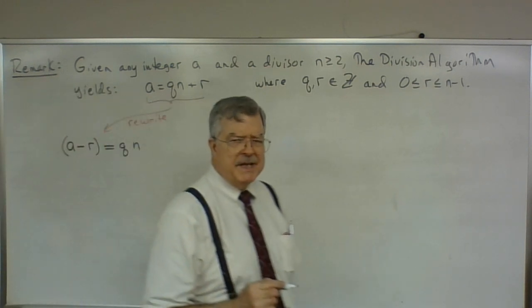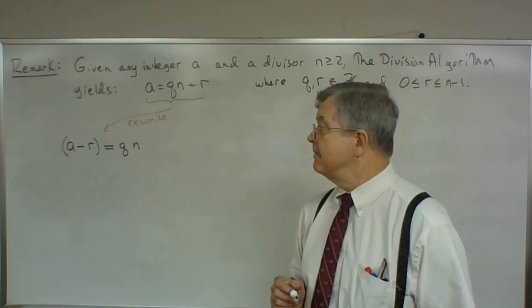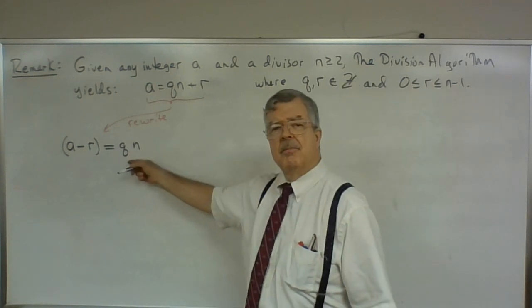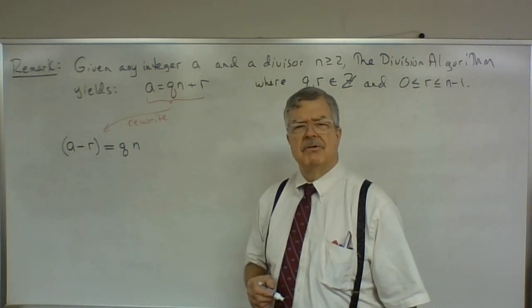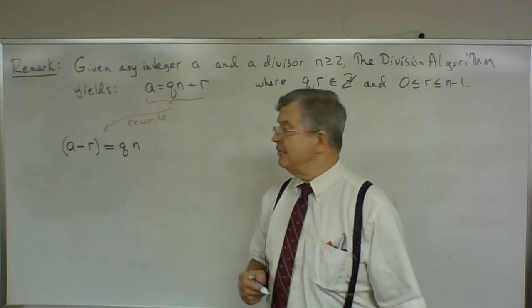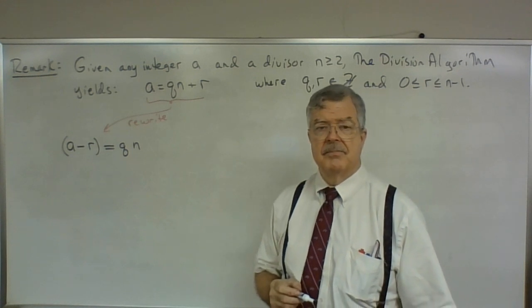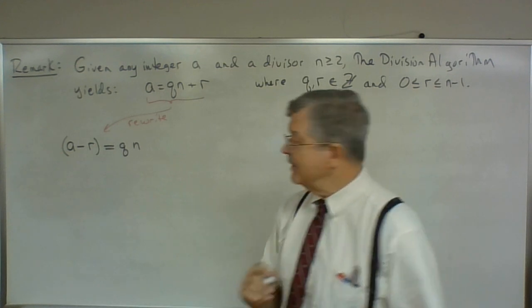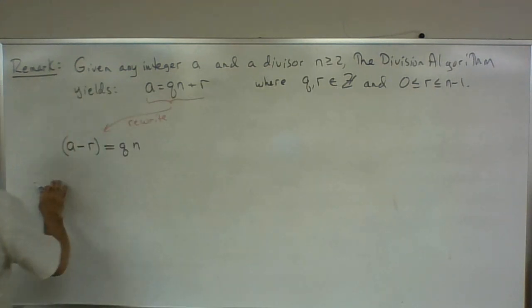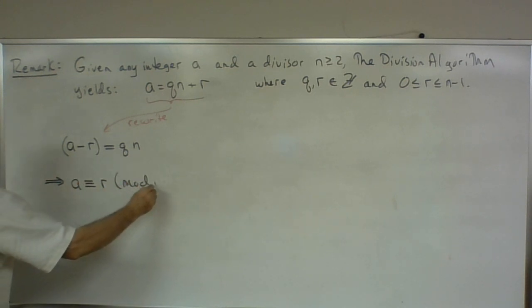The difference between a and its remainder when divided by n is a whole number multiple of n. What do we know about two integers whose difference is a whole number multiple of n? They're congruent modulo n, right? So this implies that a is congruent to r modulo n.